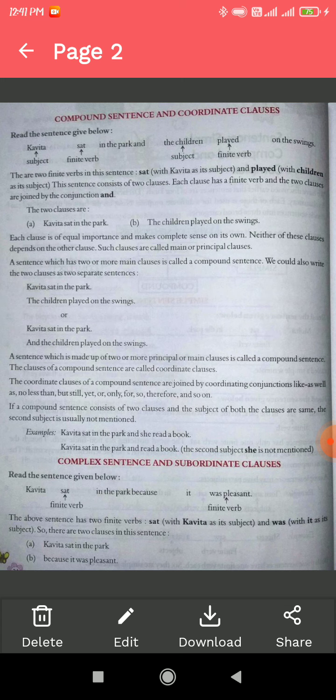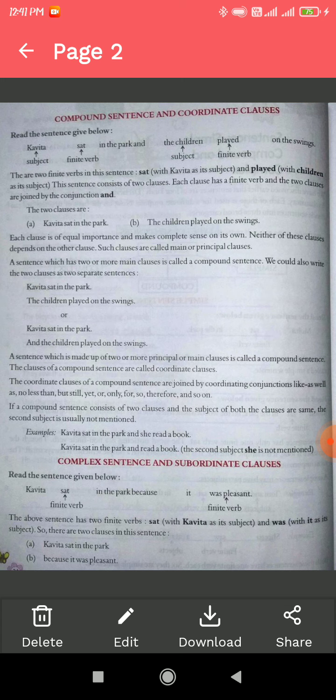While writing a sentence, if there are two clauses in the sentence and the subject of both clauses is the same, we do not need to mention the second subject. See the first example: Kavita sat in the park and she read a book.